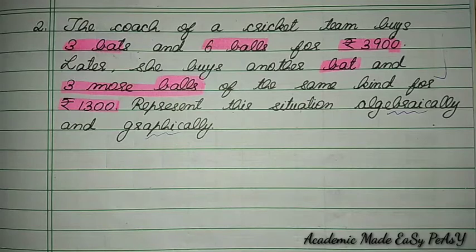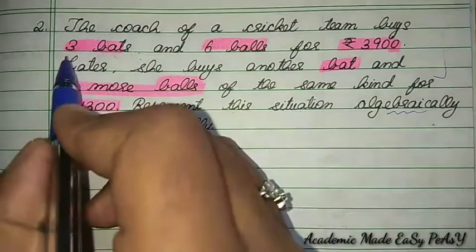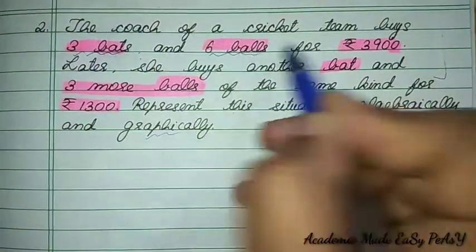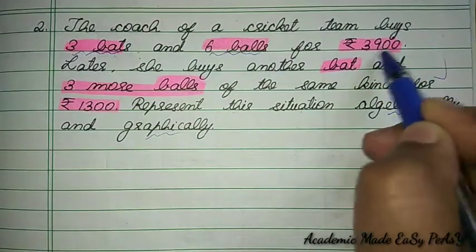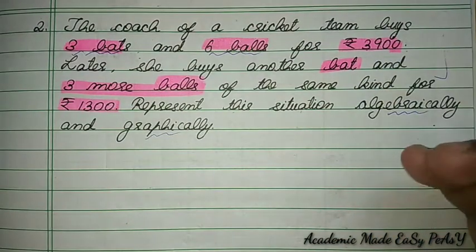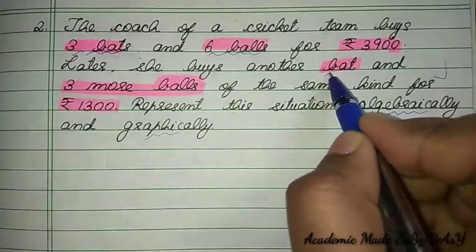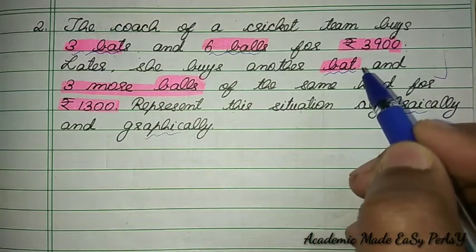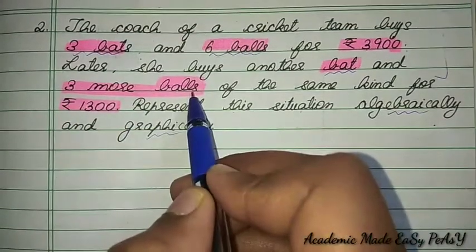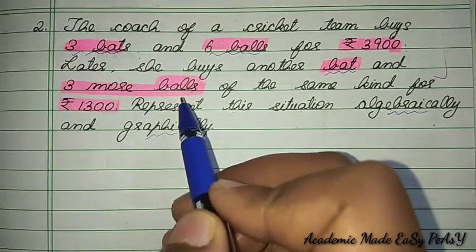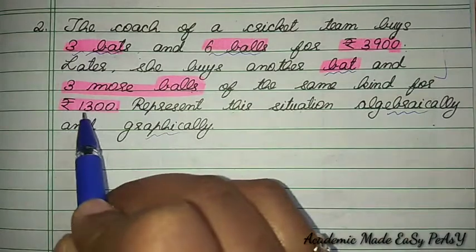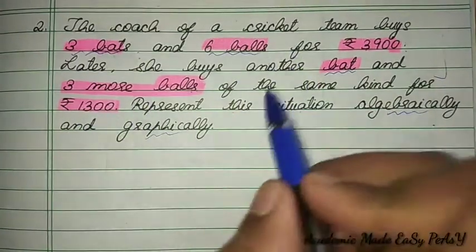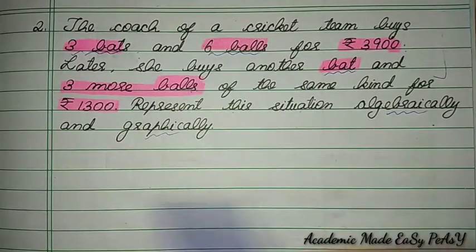So what is given here is 3 bats, 6 balls for rupees 3,900. Next she buys another bat, which means only one bat, and 3 balls of the same kind for rupees 1,300. Represent algebraically and graphically.